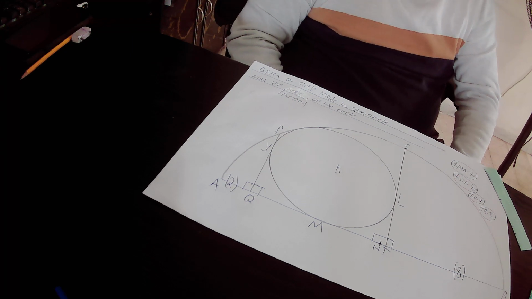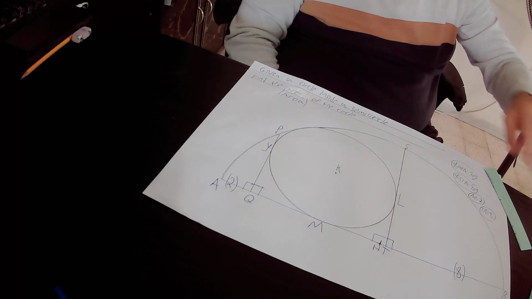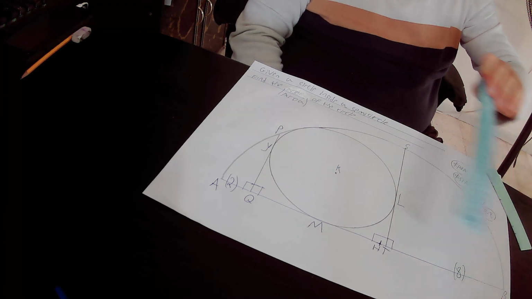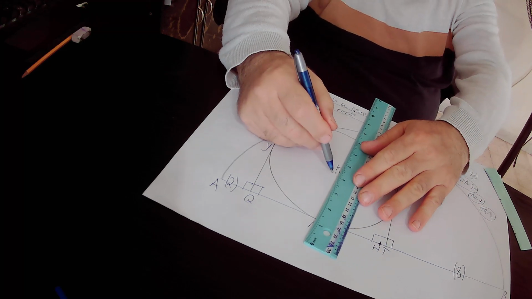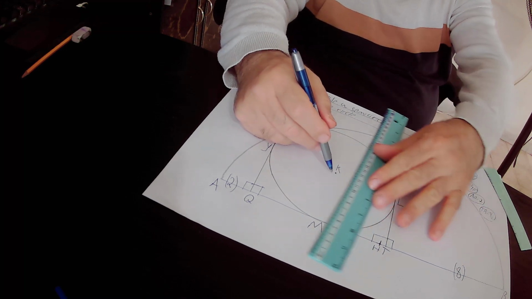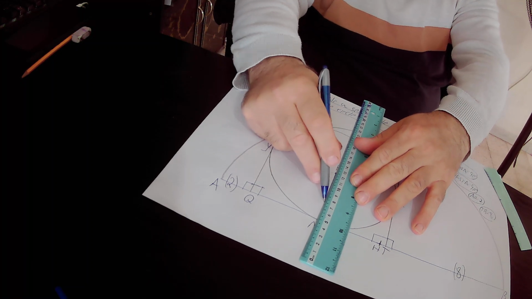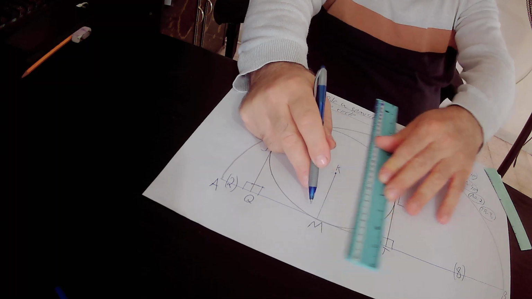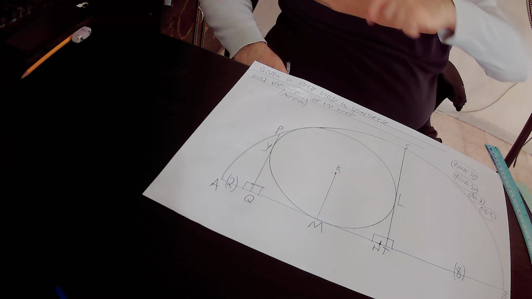We will join points K and M together by a straight line. What is the definition of line segment KM?